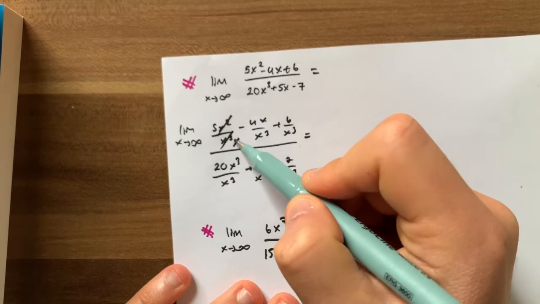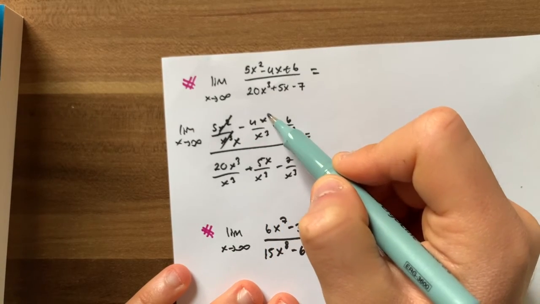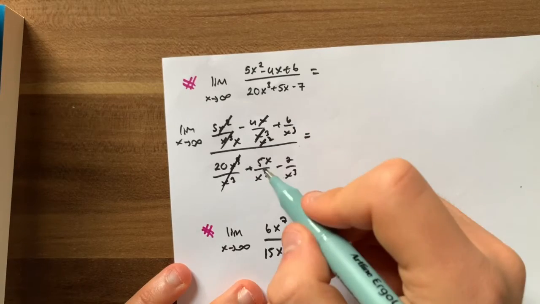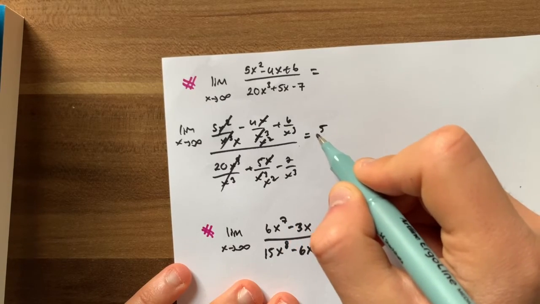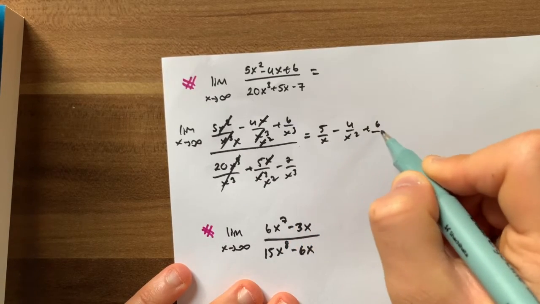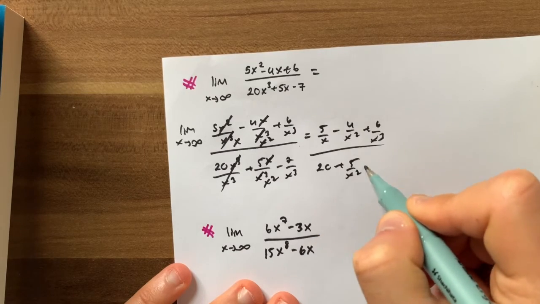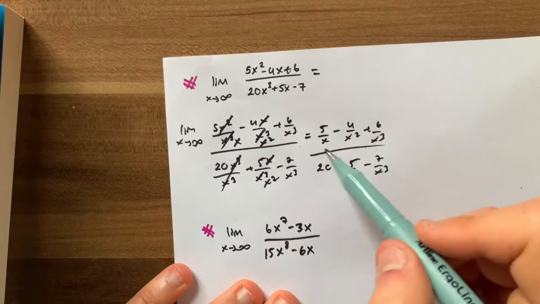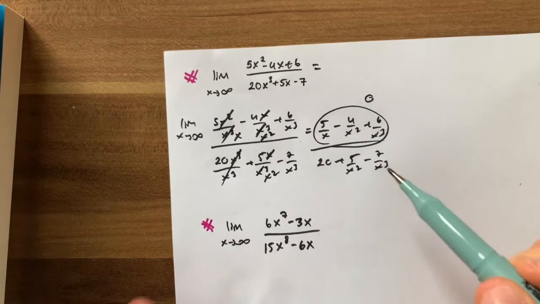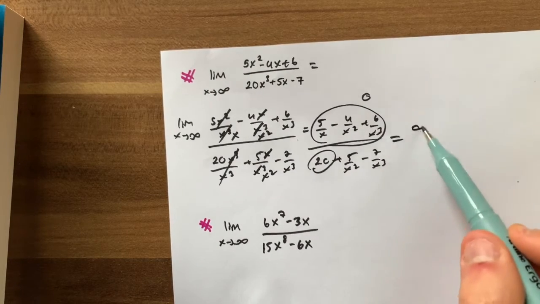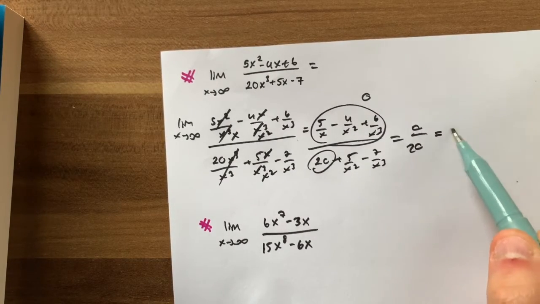These will cancel each other. We have x here. So these will be all 0, and this will be 20, so 0 over 20 will be 0.